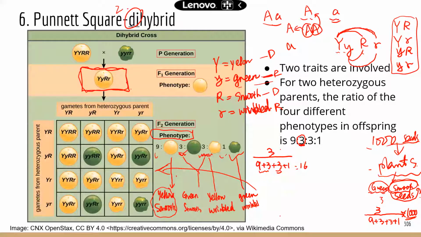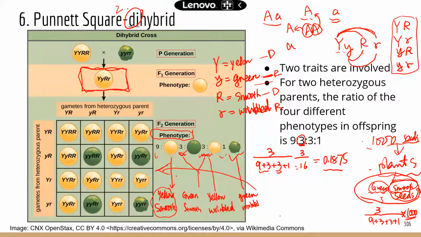That makes sense, right? You have a total of 16 squares, and 3 of the squares are plants with 1 dominant trait, 1 recessive trait. So basically the proportion of this particular group of plants is going to be 3 divided by the total of 16 squares, and you can calculate that number. This is 0.1875.